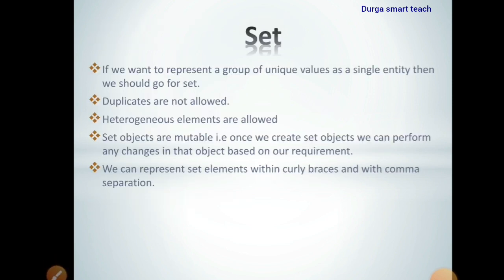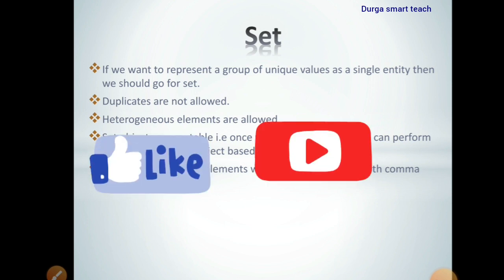Normally a set is used to store unique values. List allows duplicate values, tuples allow duplicate values, but if you want to store only unique values, you need to use a set. The difference is that lists and tuples allow indexing, with positive index values as well as negative index values. In a set there is no indexing, no positive indexing, no negative indexing.